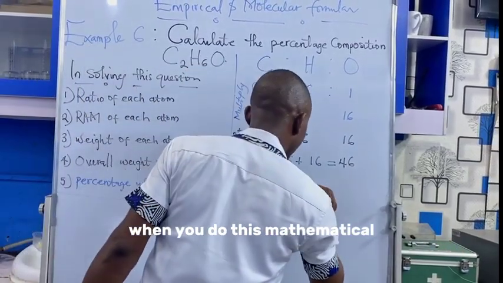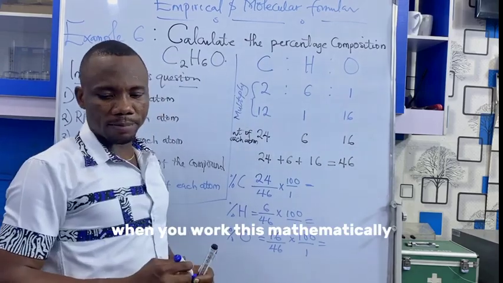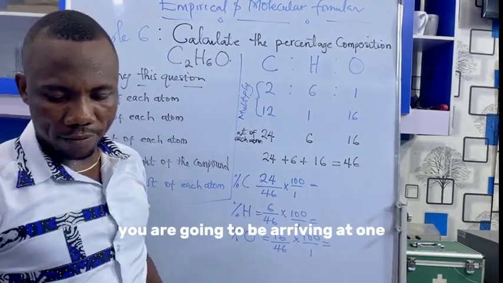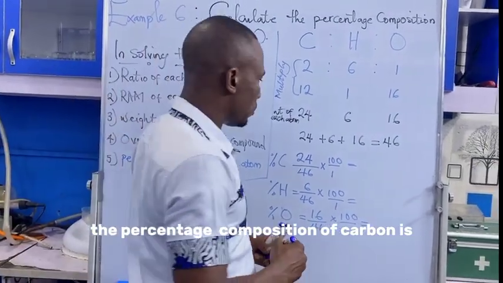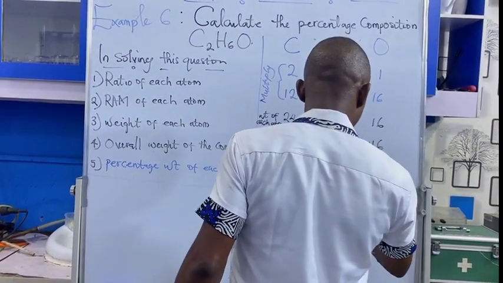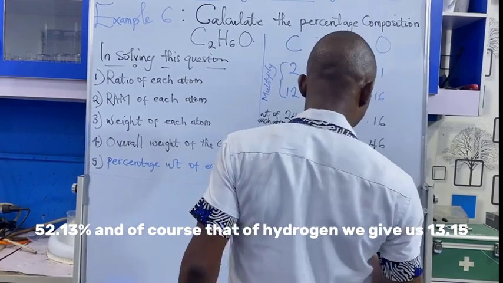When you work this mathematically, you arrive at the percentage composition of carbon as 52.13%.